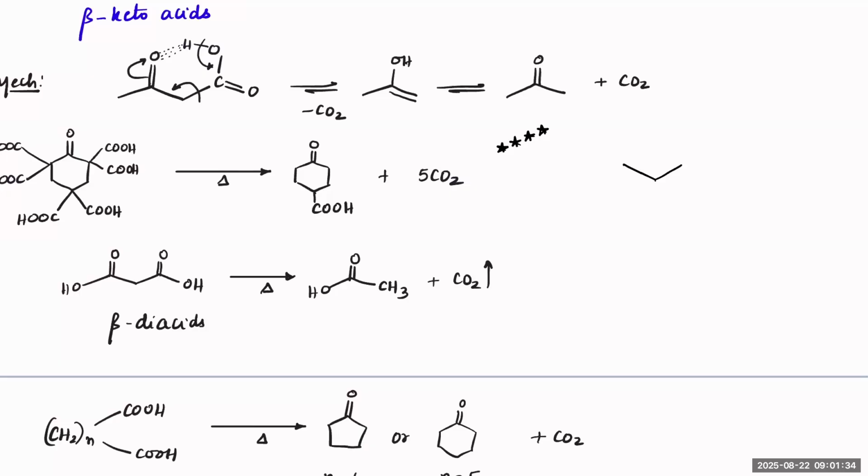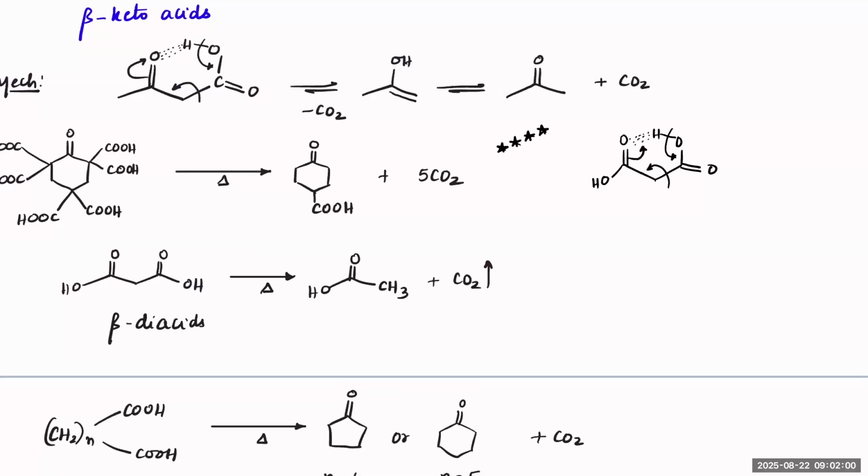If you have a double bond O here with O and H, like this with double bond O and OH, this is a beta diacid, right? And this is the chelation which will take place within the molecule. As you start heating, this will break down, this will push here, and this bond will go here.